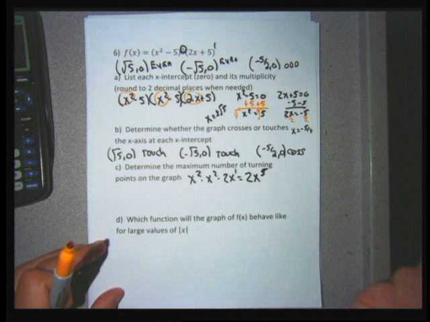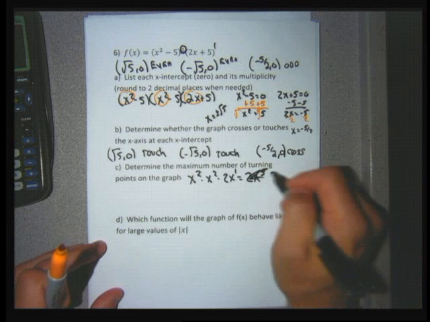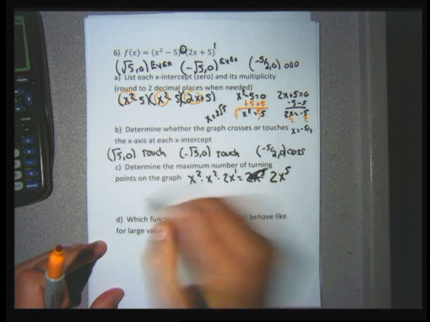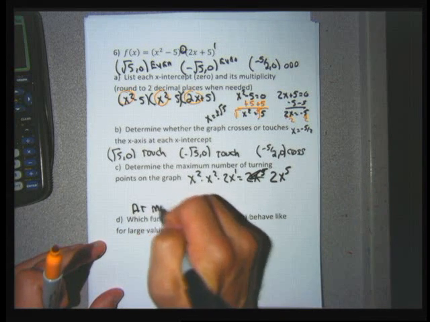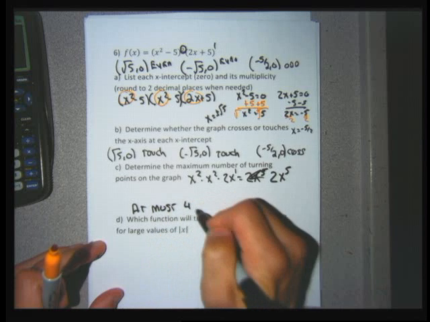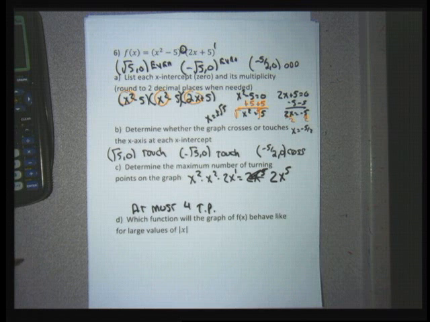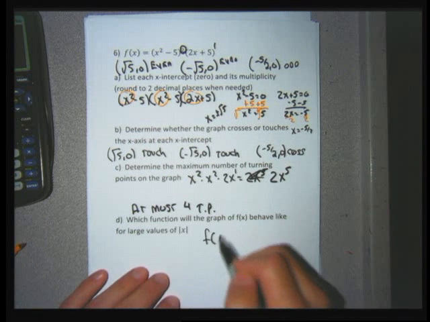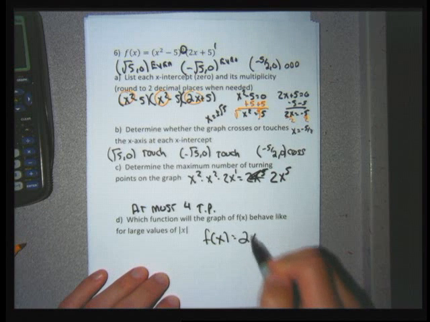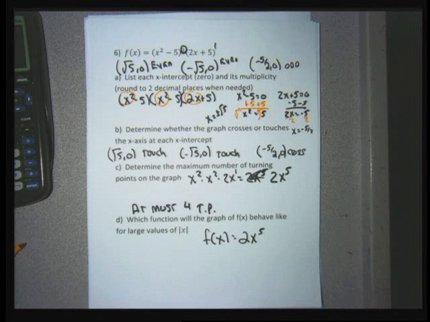So this is a 5th degree polynomial. This says 2x to the 5th. So here we have at most 4 TP, I'm going to abbreviate TP for turning points. And if I zoom out far enough, this graph is going to look like f of x equals 2x to the 5th.